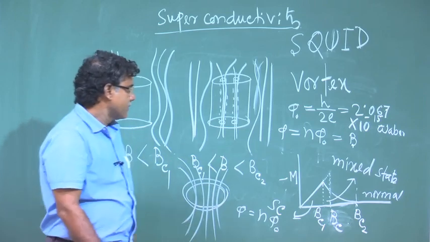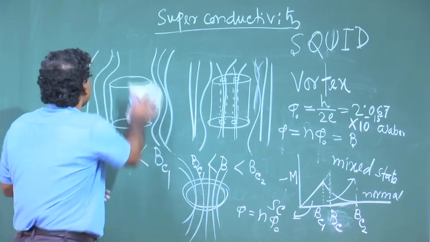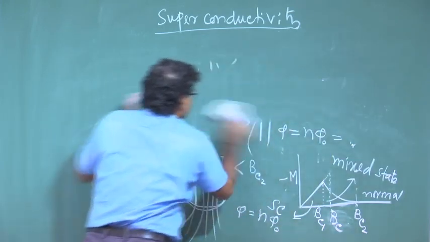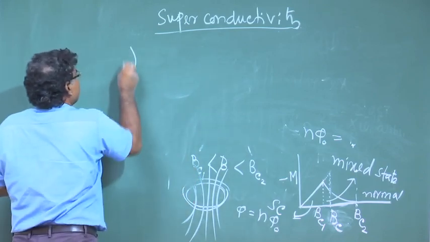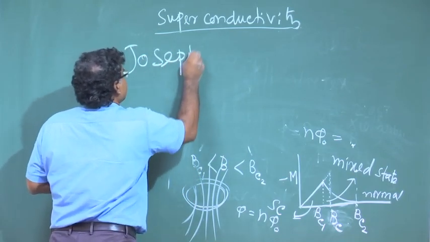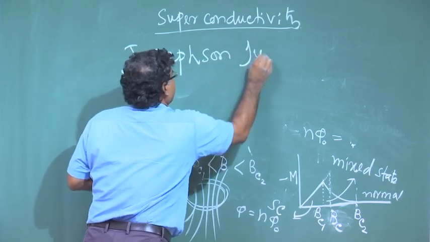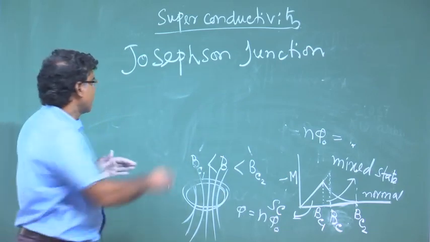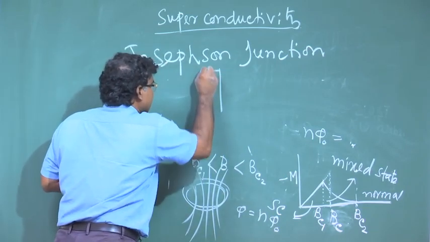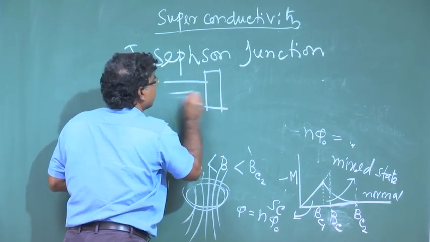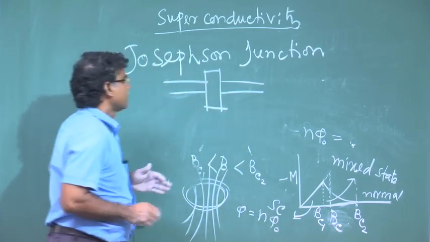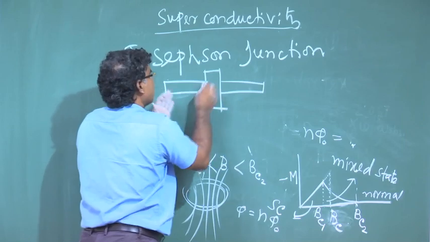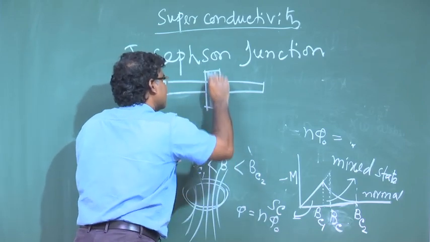Yes. So, then another interesting phenomenon is basically the Josephson junction. Basically, two superconductors, this is one superconductor, and this is one superconductor, separated by an insulator.